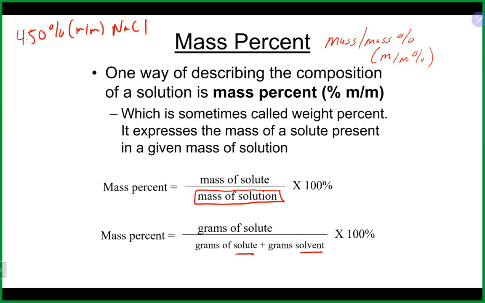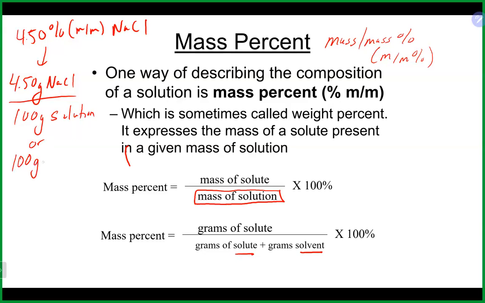So in this case, that would mean you have 4.5 grams of sodium chloride in 100 grams of solution. And you can use it as a conversion factor like that. You also could flip it around and say in 100 grams of solution there would be, in this example, 4.5 grams of sodium chloride.